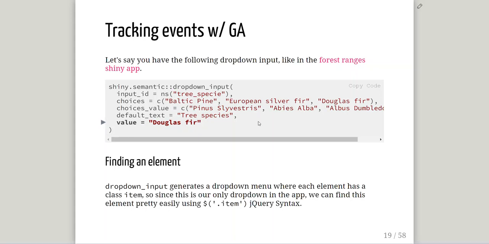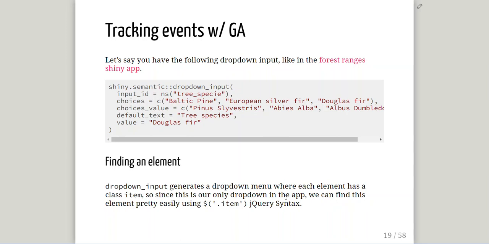So after you've created this application and you launch it, you need to find that element. That's the first step: you need to go out and find that element in your HTML browser. They took a shortcut, I think, in this example, because this dropdown input function actually generates a dropdown menu where each element has the class called item.